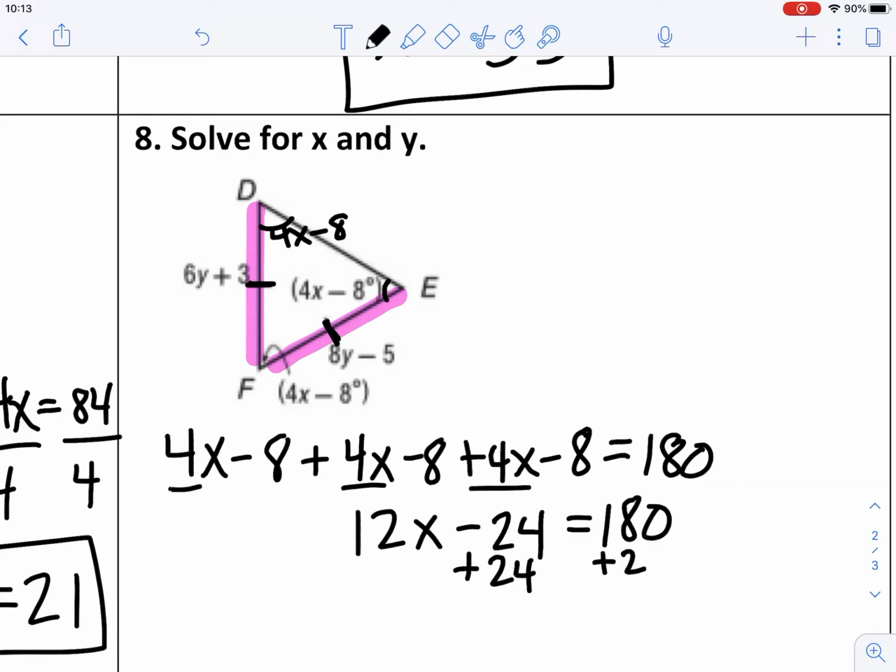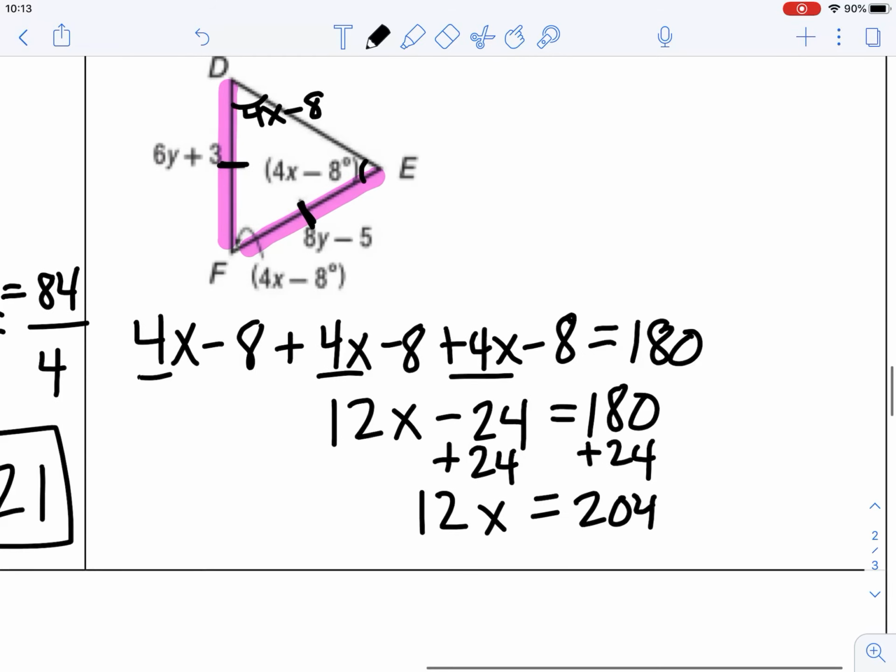We'll add 24 to both sides. 12x is equal to 204. And when we divide both sides by 12, we can conclude that x is equal to 17.